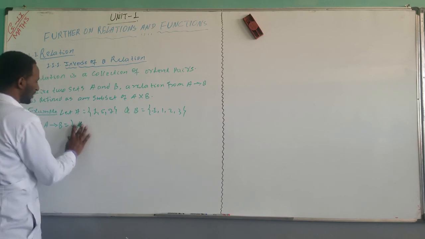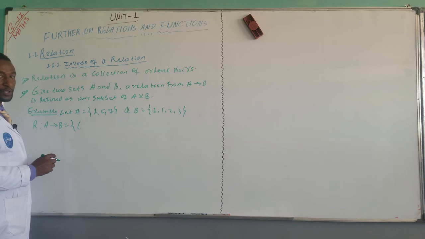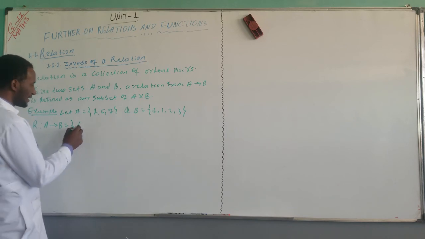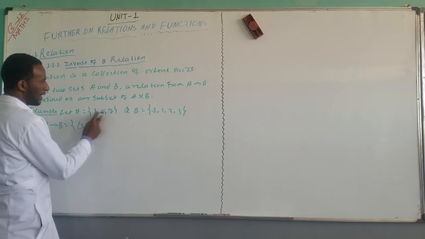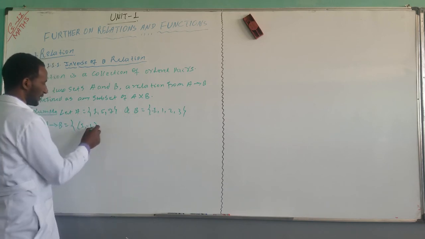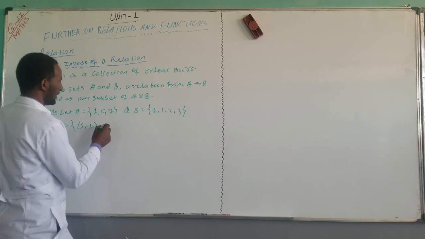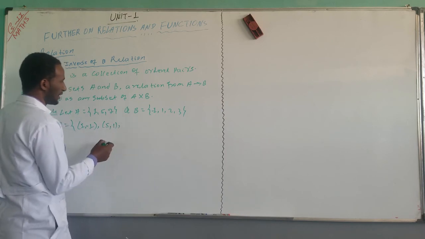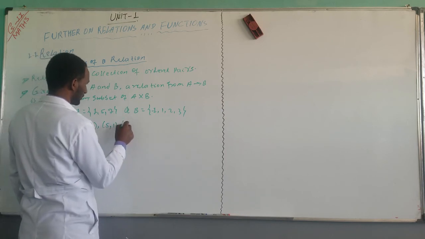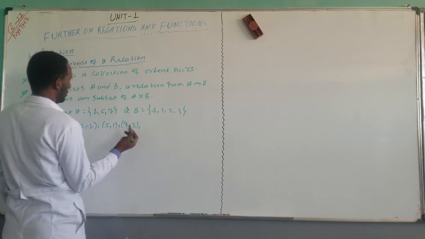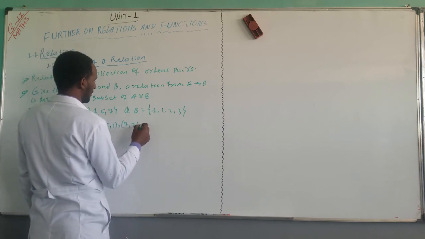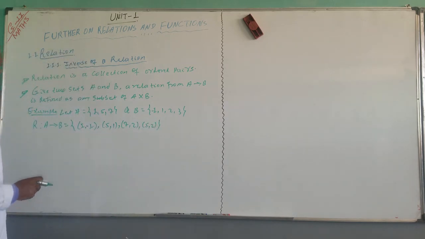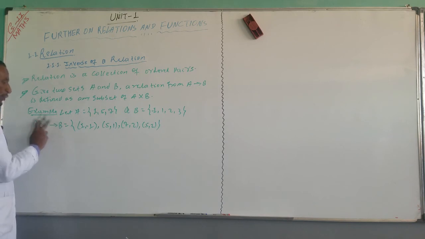That means the first entry, or first coordinate, of each ordered pair in relation R is from A, and the second is from B.